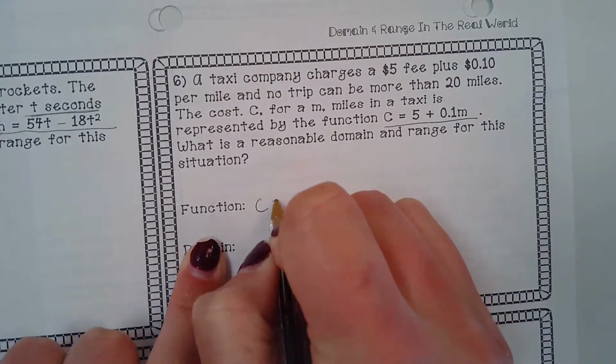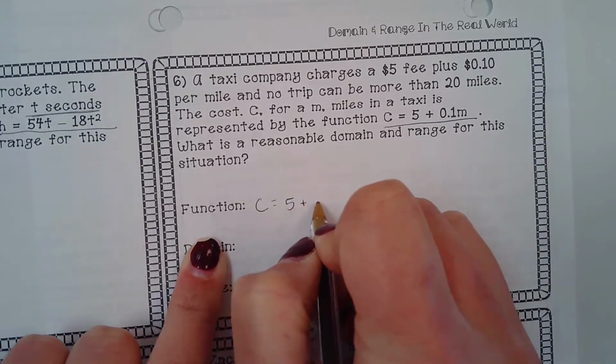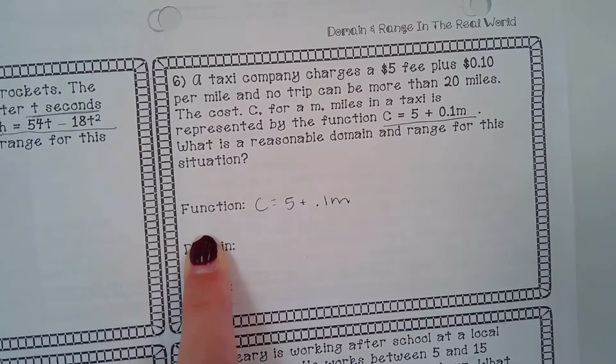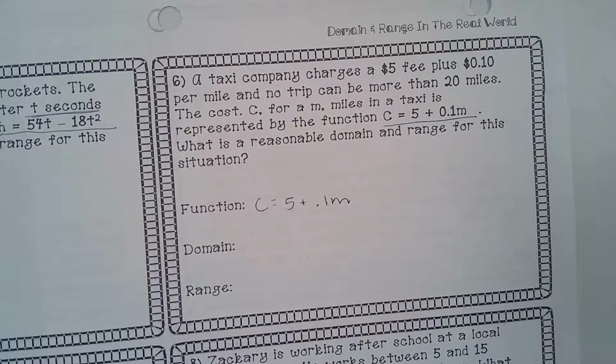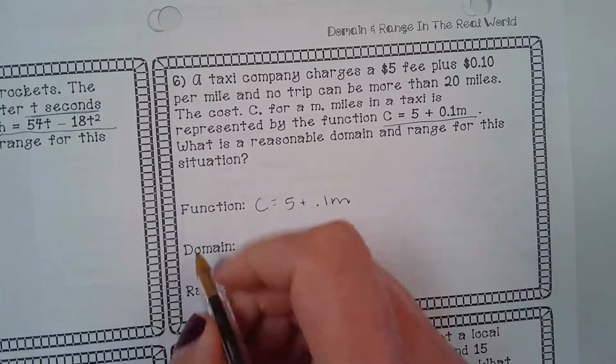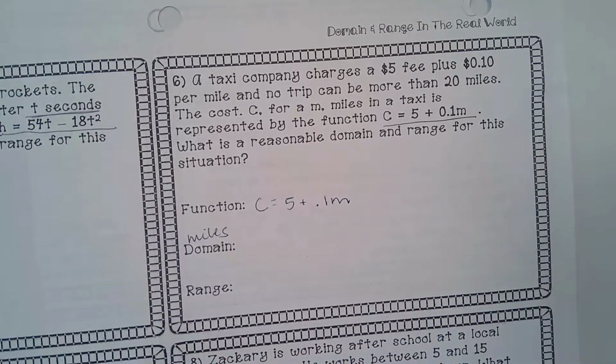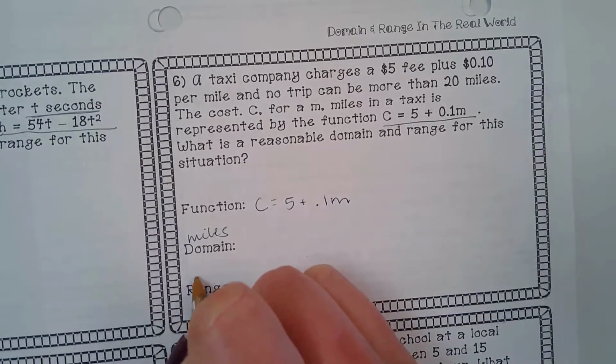C equals 5 plus 0.1m. That okay? What's our domain, or like our x in this problem? M, miles. And what's our range, or like your y? C, which is your cost.